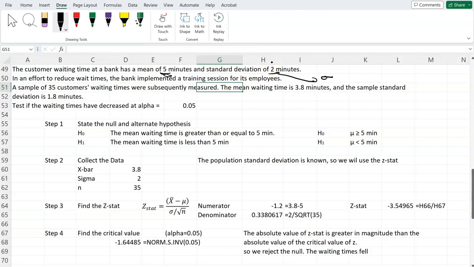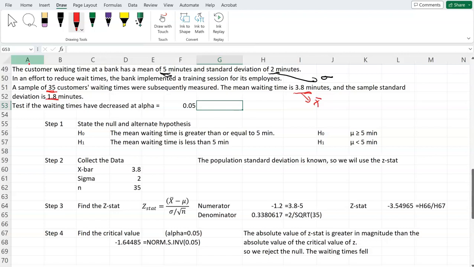So in an effort to reduce wait times, the bank implemented training sessions, and after it was done, I have n of 35. Now my new mu, or x bar from the sample, is 3.8 minutes, and the sample standard deviation is 1.8 minutes.